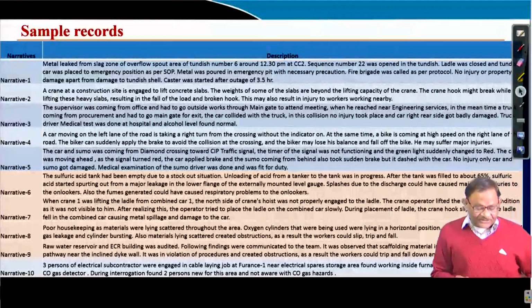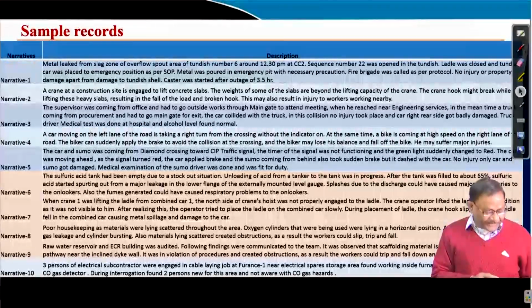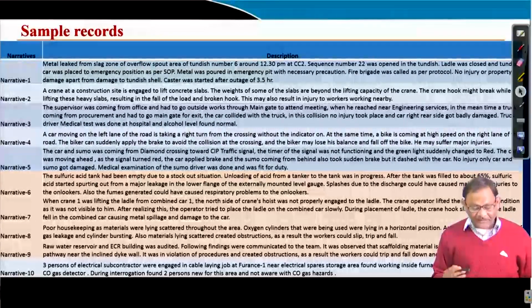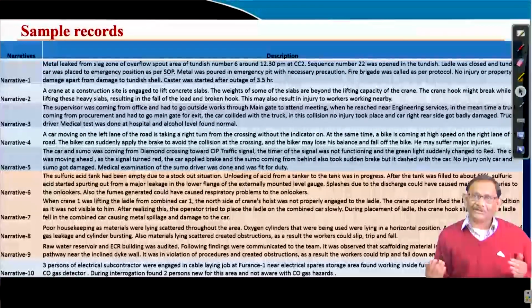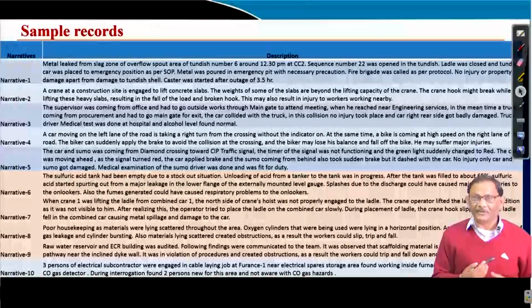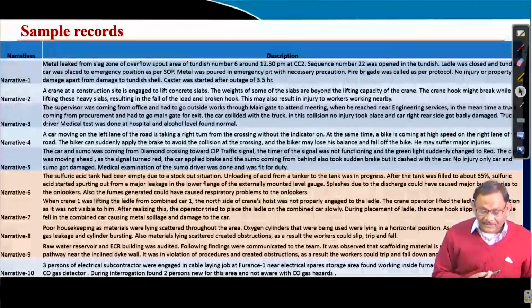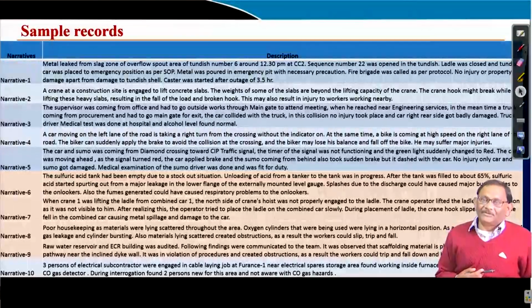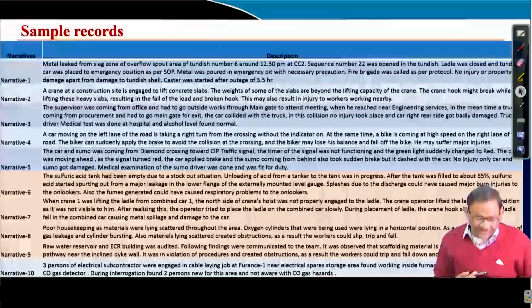So, I will not discuss each of the narratives, but a few of them, like narrative 6 to narrative 9, we will be discussing, and thereafter with the help of these narratives we will explain today's topic, safety narratives and use of text analytics.